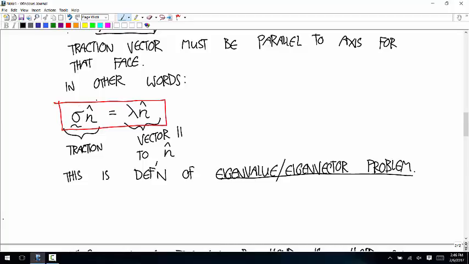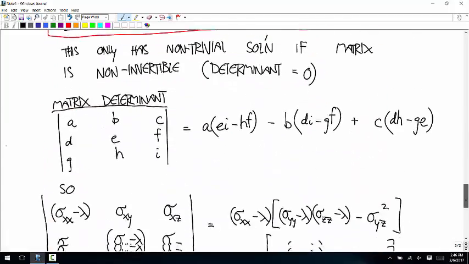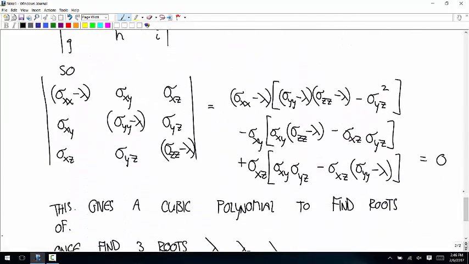So we're just saying we're looking for an n where the traction is parallel to the outward facing normal. That's the reasoning here. And the reasoning's a little different every time eigenvalues comes up.